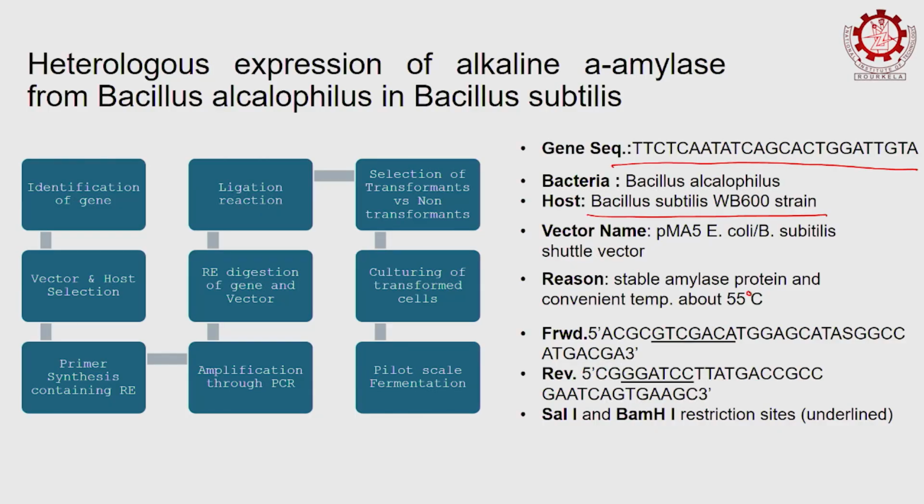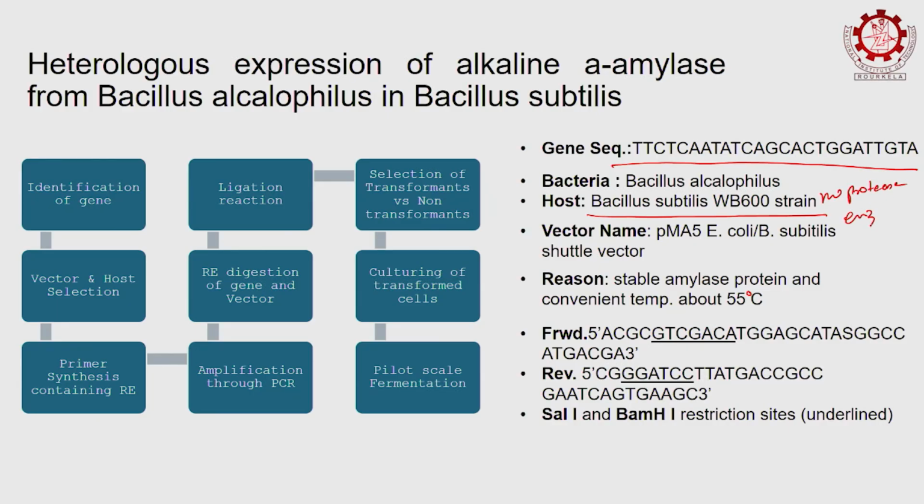The reason for choosing this strain is that it has a knockout of 6 genes responsible for producing protease enzymes. Protease enzymes degrade the recombinant protein, and in this WB600 strain those genes were knocked out. So we can prevent our protein from degradation.